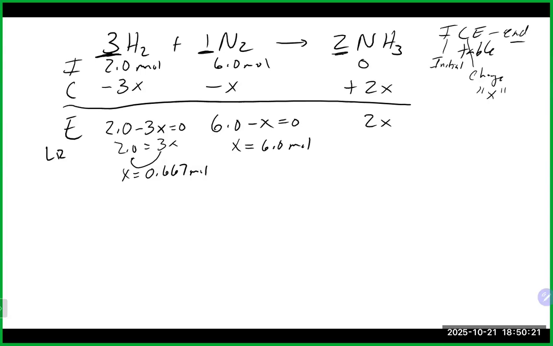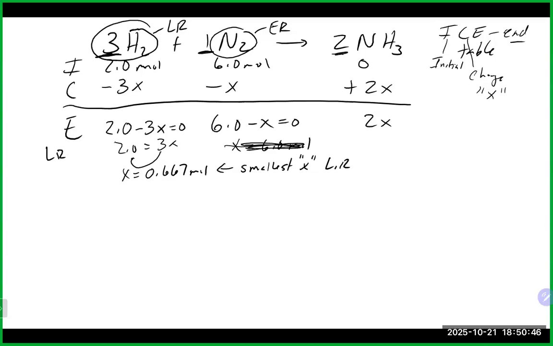So you could do this really quick sort of algebra calculation super quickly. And the one that is the limiting reagent is the smallest. X is your limiting reagent. So that would mean, just like we found out in the last calculation, our H2 is our limiting reagent, and our N2 would be our excess reagent by default, which means we don't really need this number anymore.